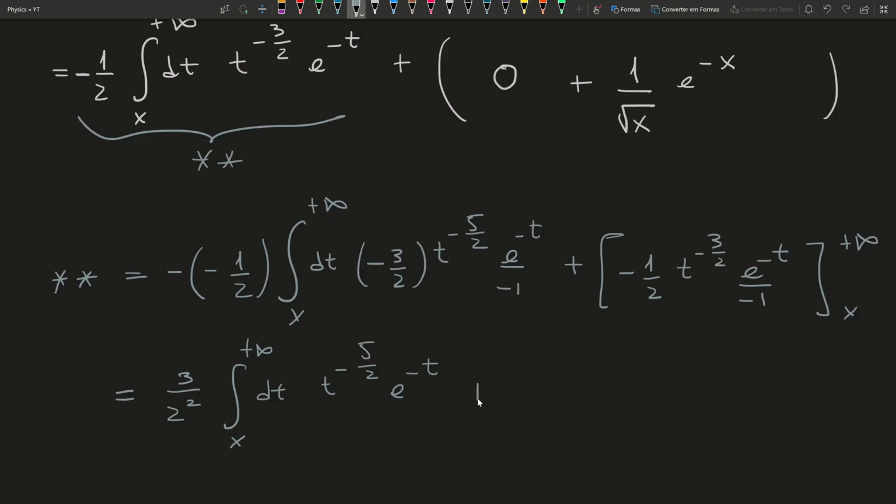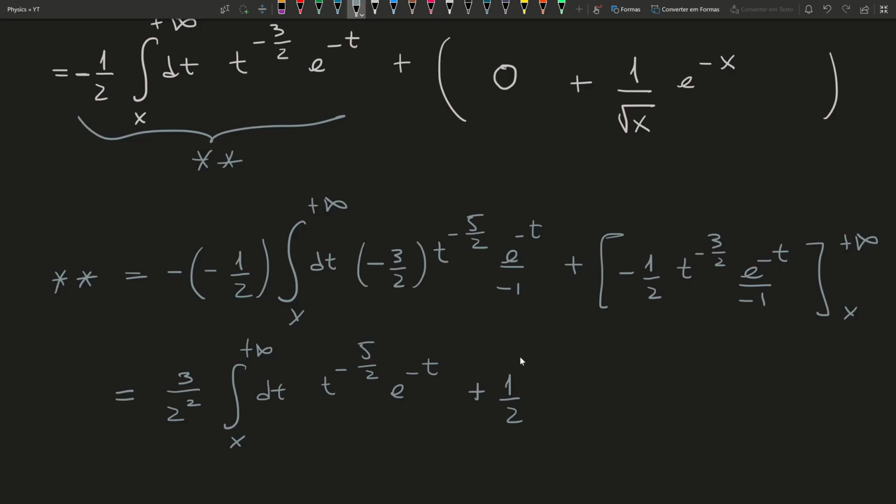Now the boundary term, we again lump our constants and signs, so we get plus 1/2, and this thing evaluated at infinity and then at x. At infinity it gives us 0, and so we get minus 1 over x^(3/2) exponential minus x.